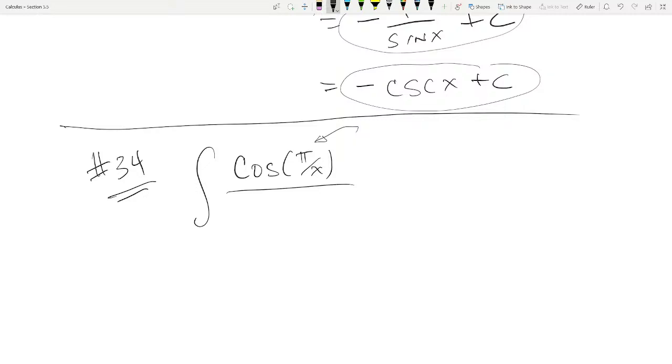Well, what's the derivative? Well, forget about the pi. Just what's the derivative of 1 over x? That's the derivative of x to the negative 1, which is negative x to the negative 2, which is negative 1 over x squared. So I expect to see a 1 over x squared. I don't have to have the negative because we can fix that later.